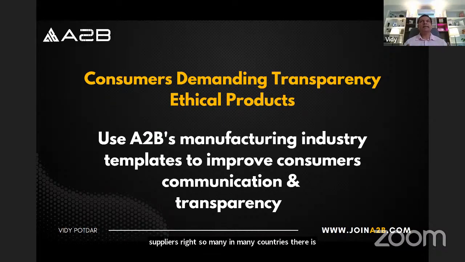Challenges like that can be resolved by companies providing all information in a transparent and accessible way to their consumers. A2B has a manufacturing industry template, which is fully customizable, that companies can use to start putting this information in. Again, the entire supply chain, starting from the raw material suppliers all the way to the end consumer.